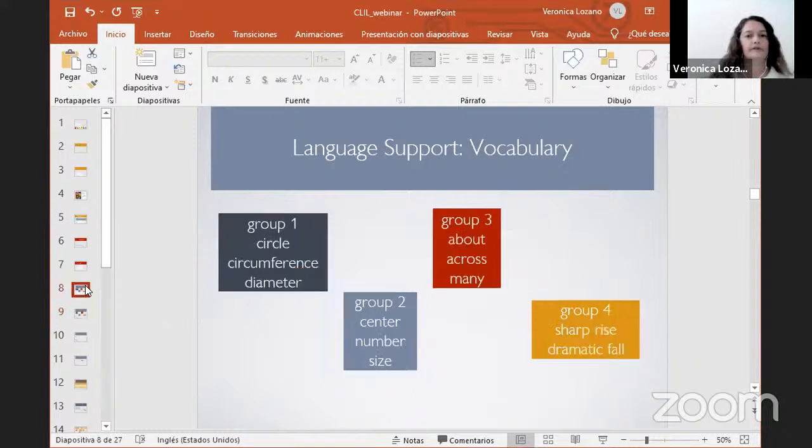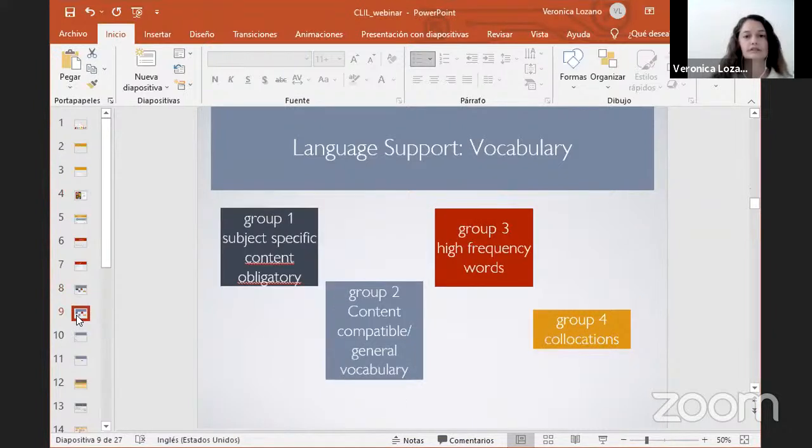Then in the third group, you have these words about, across, many that you might also encounter in a math lesson, but very important, these are high frequency words. High frequency words are words that you need to speak a language correctly. They say they make up to 80% of the English language, for example.